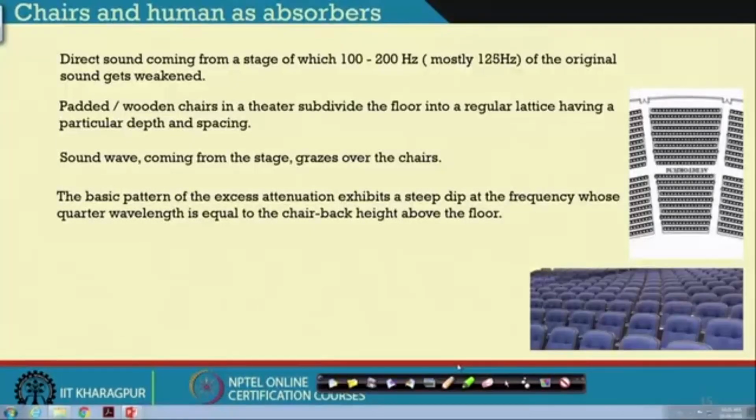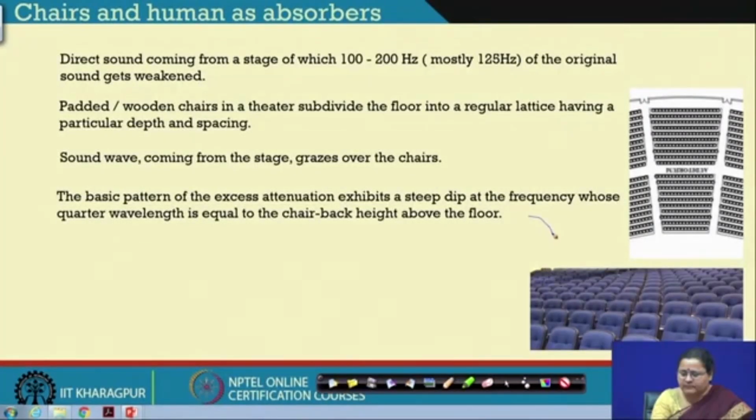One quarter of that is 2 feet, that is 600 millimeters. So, the basic pattern observed is a dip in the sound at around 125 hertz.